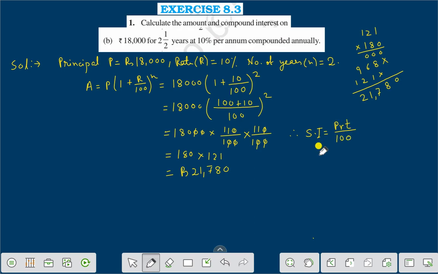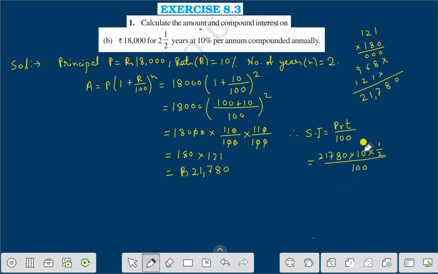Here, the principal is this one, that is 21,780, into rate 10% per annum, therefore 10 by 100. And T is for half a year, that is 1 by 2 years, right?